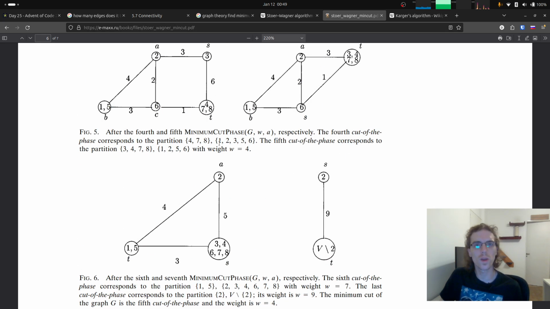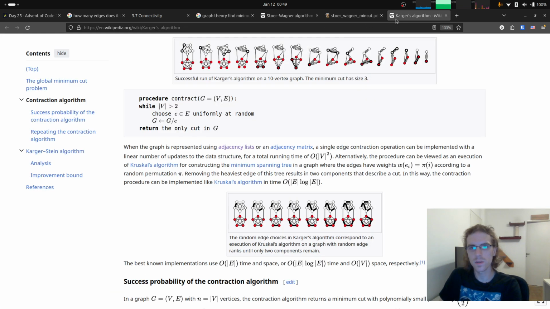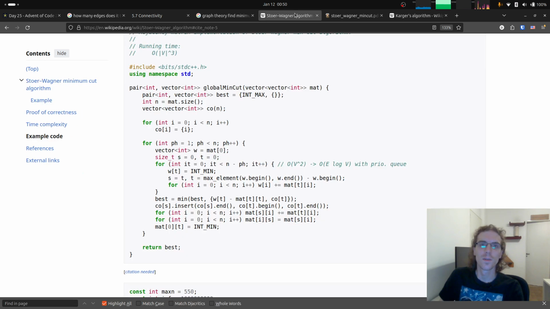But I think we are going to try to implement the Stoer-Wagner algorithm instead of Karger's one, even though that sounds more esoteric and fun, because it's a randomized algorithm. This one gives you the answer directly, and we have a very concise implementation. So we can maybe even copy this concise implementation into Rust and not have to interpret it very much.